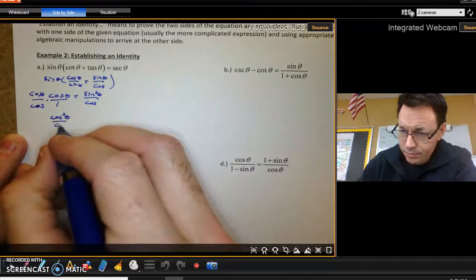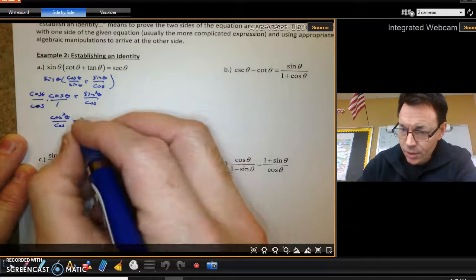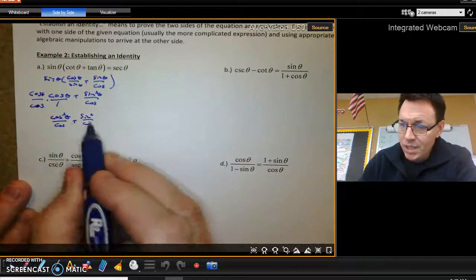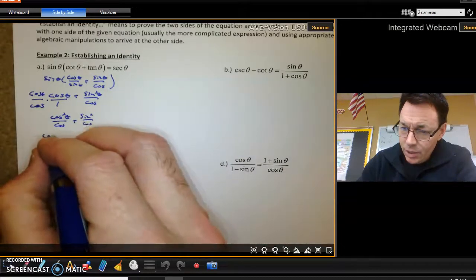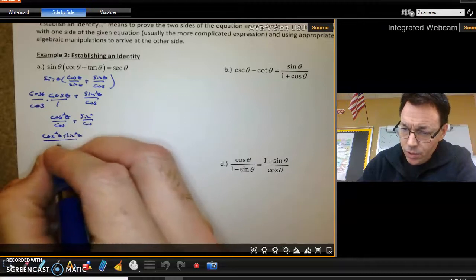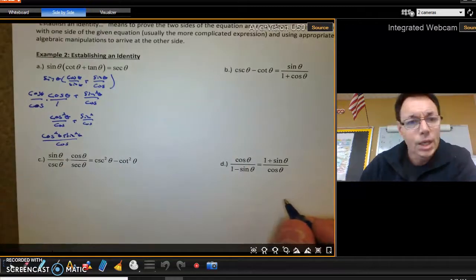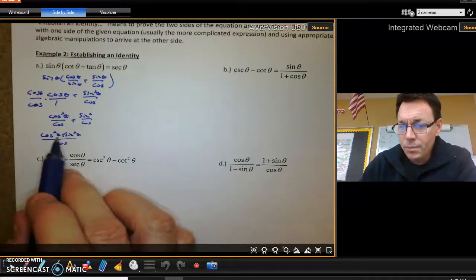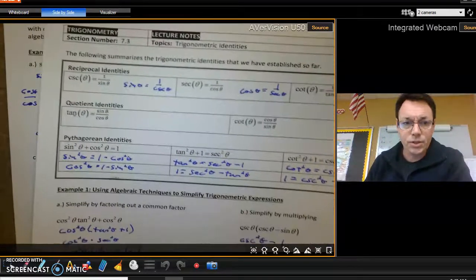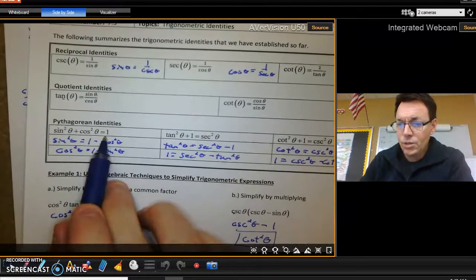over cosine, plus sine squared over cosine, which means now I can add these together and get cosine squared plus sine squared over cosine. But wait a minute. Cosine squared plus sine squared is, don't be afraid to turn the page, 1.